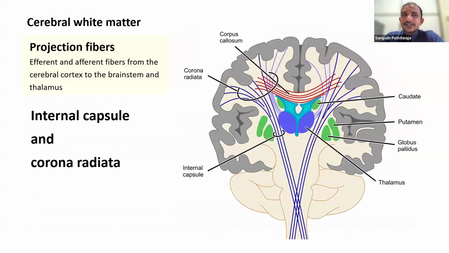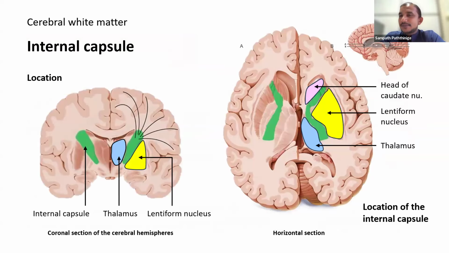Then we have the projection fibers, mainly the internal capsule and the corona radiata. Of that, the internal capsule will be very important, right? You know it is trapped between the thalamus and the basal nuclei, the caudate nucleus at the front and the lentiform nucleus at the sides.